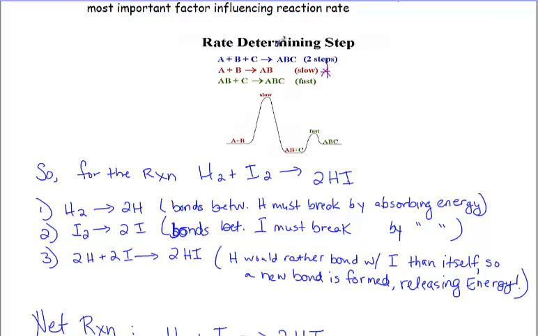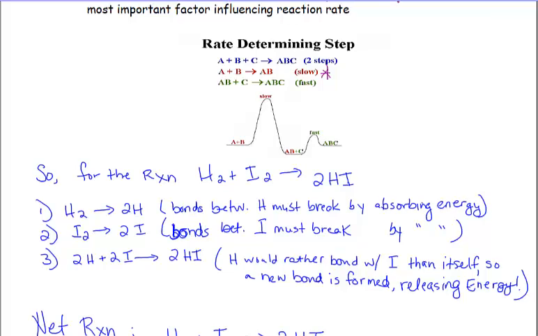Okay, so here there are 2 steps in this reaction mechanism, and here's the intermediate, which is the slow step. We start off with A plus B to form AB, and then AB will be reacting with C to then finally produce our final product here, ABC. Notice how the reaction pathway shows you the higher the peak, the slower it's going to be. That will determine basically the rate of the reaction.